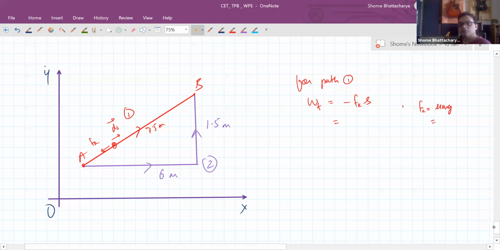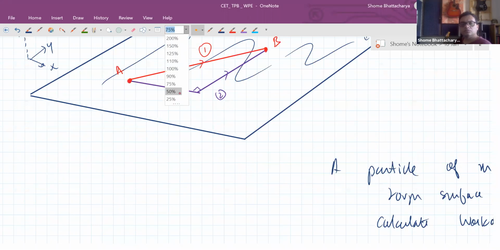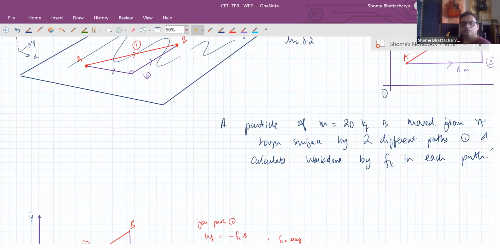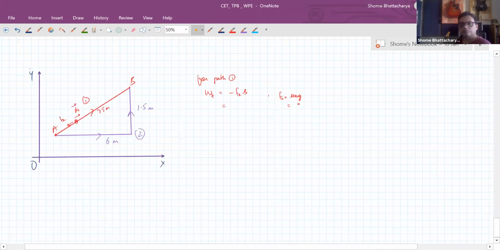So we're taking the coefficient of friction to be 0.2 to 20 kg block.